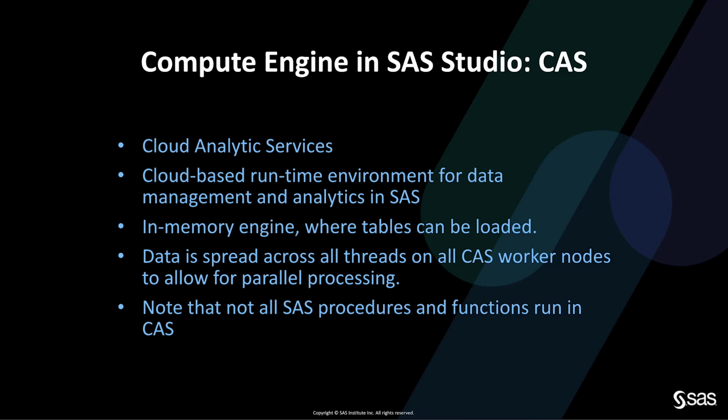And the question I always get is, when do I use CAS? When do I use SPRE? And there's not an exact answer to that. I'd be glad to answer specific questions either after, or if we want to have a follow-up, I'd be glad to help out too. But basically, if you're doing something pretty complex that maybe took a long time before, you could utilize CAS multi-thread processing.